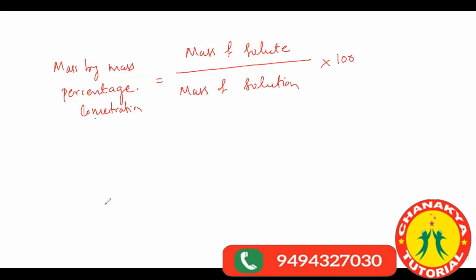This is your first formula. Why am I going to multiply this by 100? Because we are calculating here what? Percentage concentration.